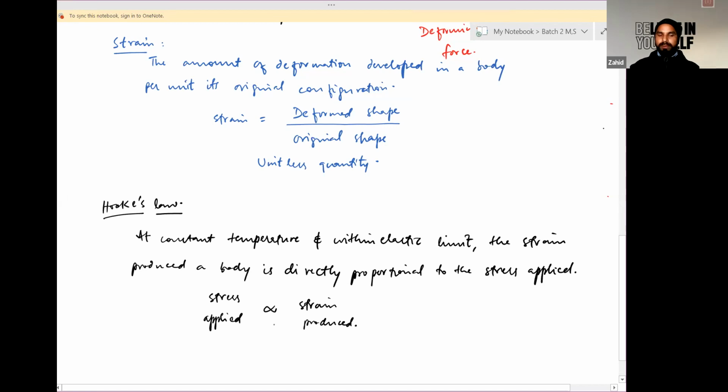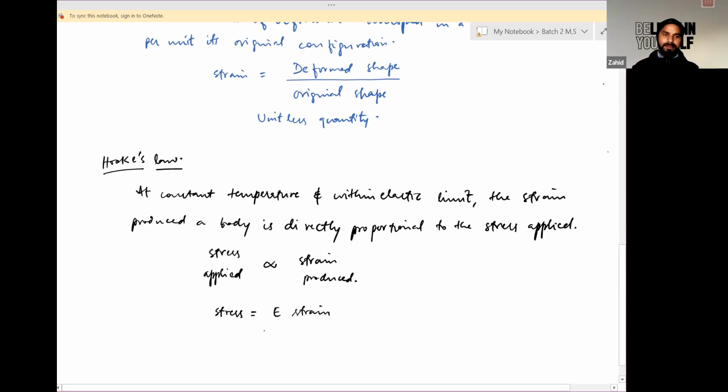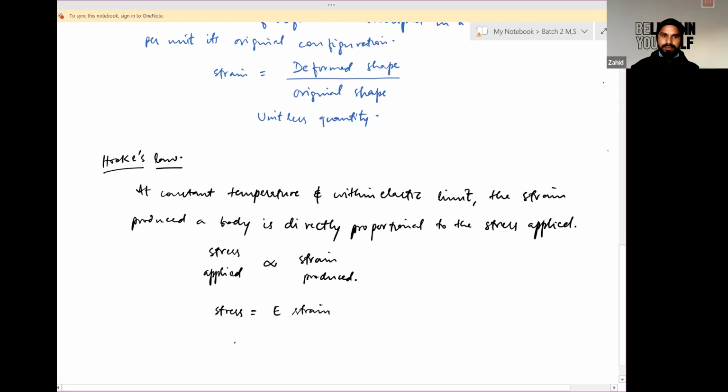So if you replace this proportionality sign by a constant term, it will be stress equals E times strain, where E is called modulus of elasticity. So if you rearrange this equation, you will get E equals stress divided by strain.